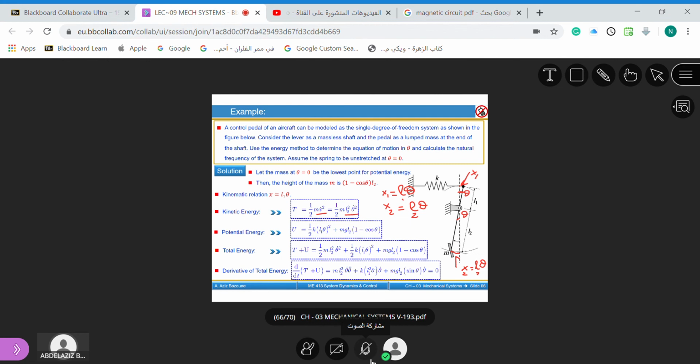Now, we finished with the kinetic energy. We wrote the potential energy of the spring, but there is the potential energy of the mass that is moving from here to here. Potential energy of the mass, we are going to write it this way. Suppose I take this position here as a pendulum.